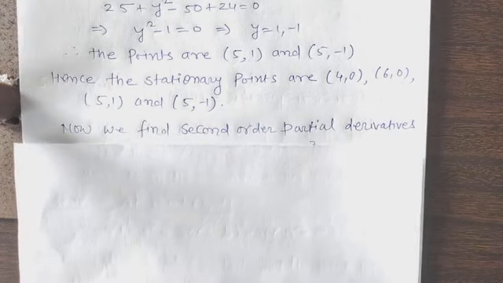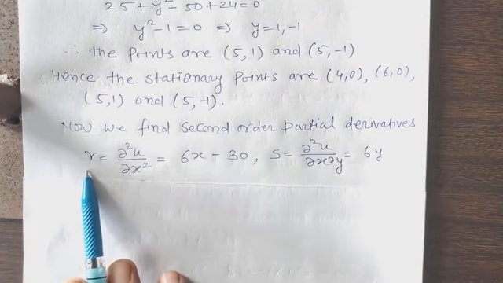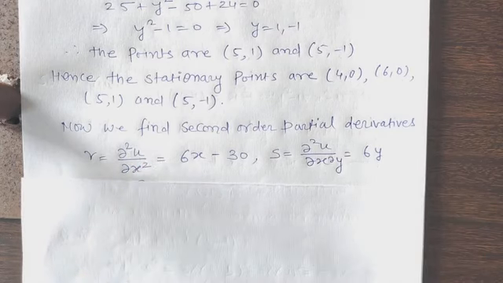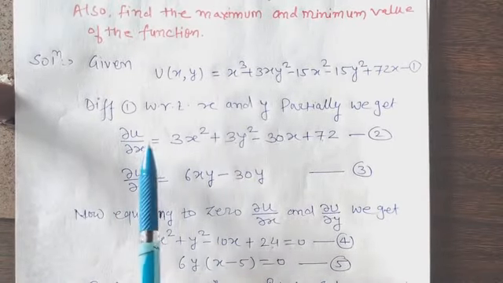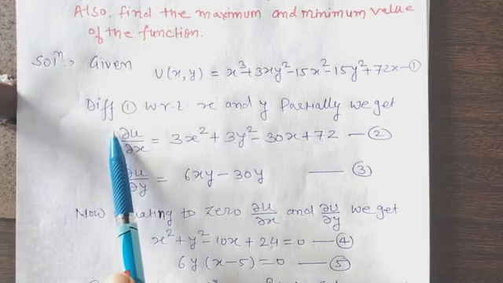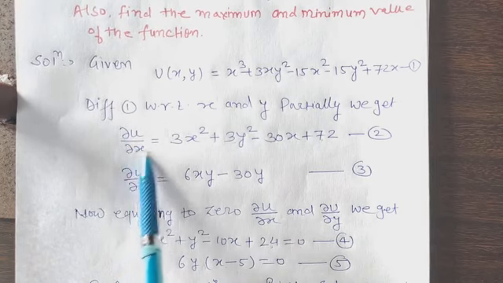So now we find the second order partial derivatives r, s, t. R is del 2u by del x2. Here del u by del x is equation 2. Again differentiate equation 2 with respect to x, we get del by del x of del u by del x, which gives del 2u by del x square.